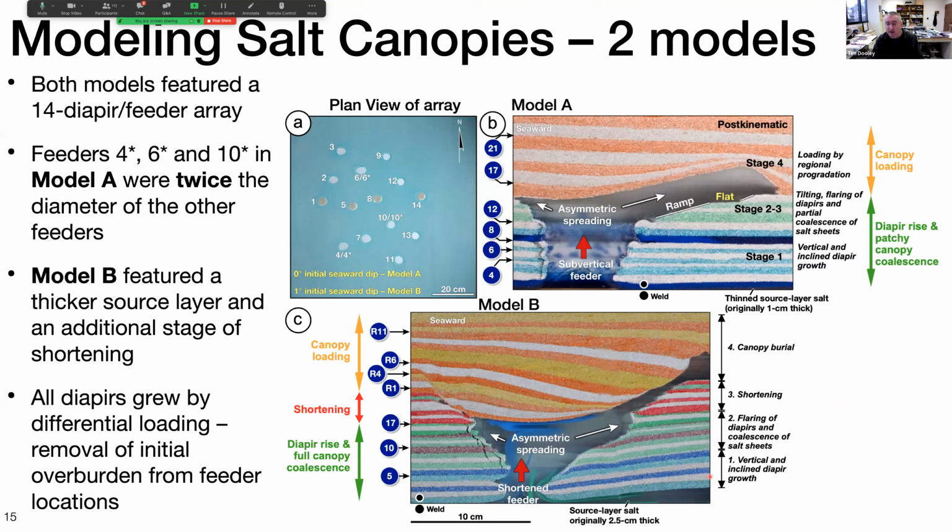Model B here, again, an early stage of vertical growth, flaring outwards and coalescence. There was a short area of shortening in here, and then after that prograding out over our canopy system.